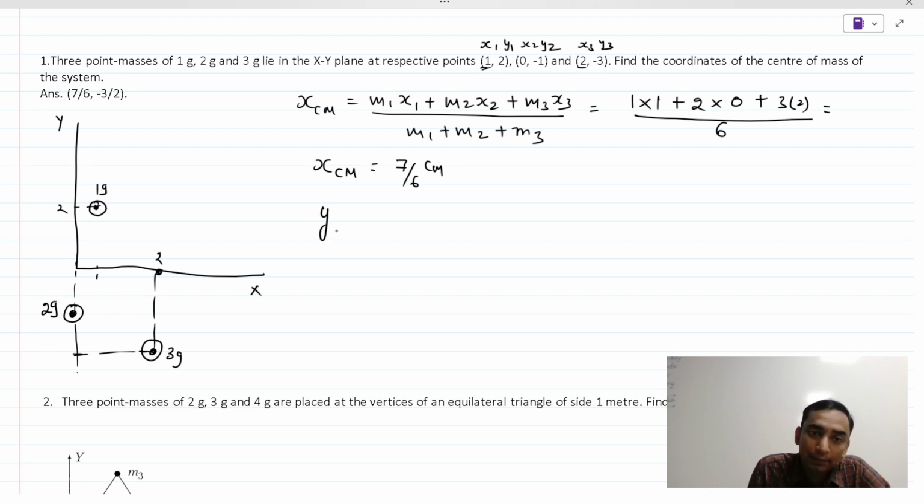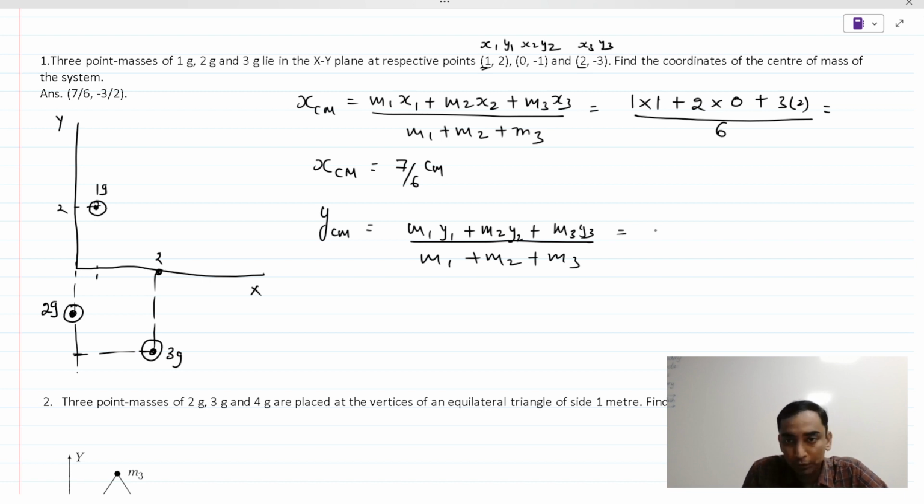Let's find out ycm. ycm is equal to m1y1 plus m2y2 plus m3y3 divided by m1 plus m2 plus m3, and let's substitute the values. m1 is 1 gram and its y coordinate is 2, plus m2 is 2 gram times y coordinate -1.